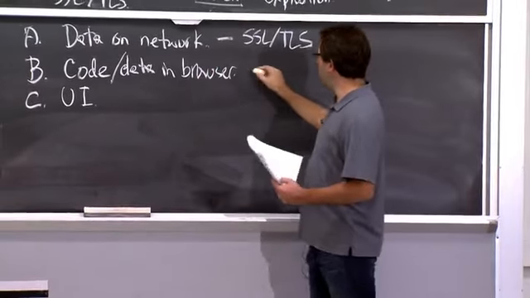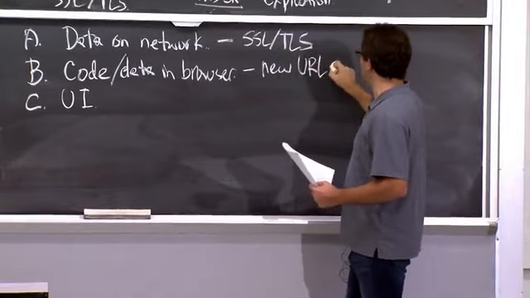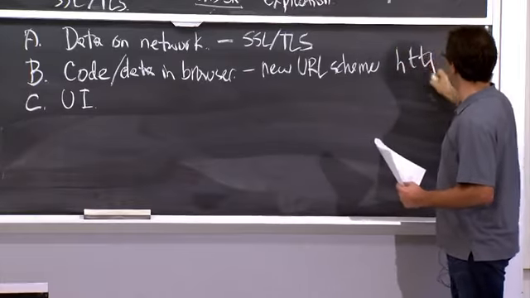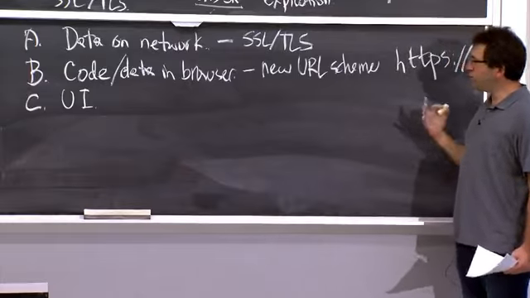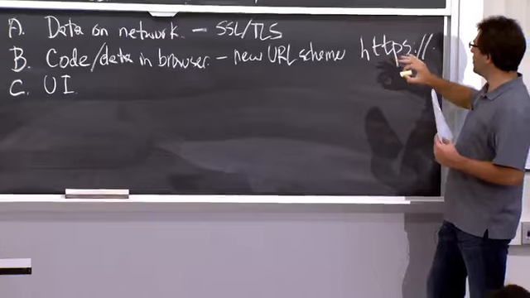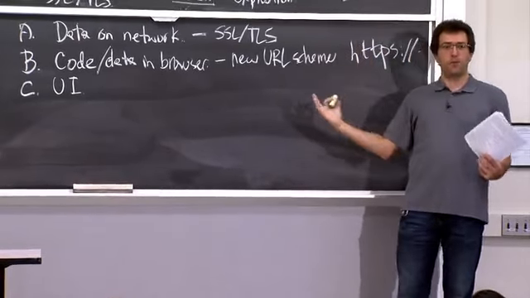So the general plan is that we're going to introduce a new URL scheme called HTTPS. You often see this in URLs, presumably in your own life. The cool thing about introducing a new URL scheme is that now these URLs are just different from HTTP URLs.